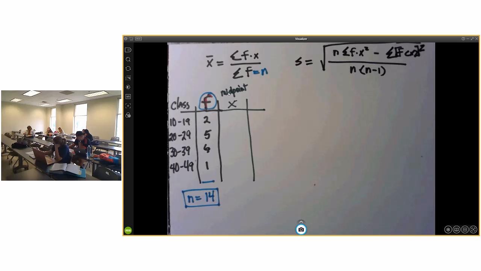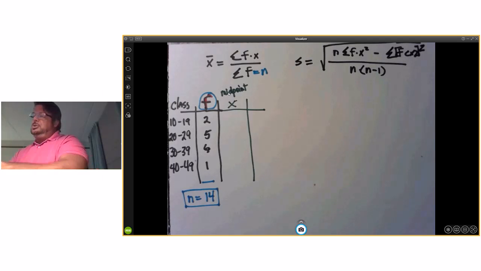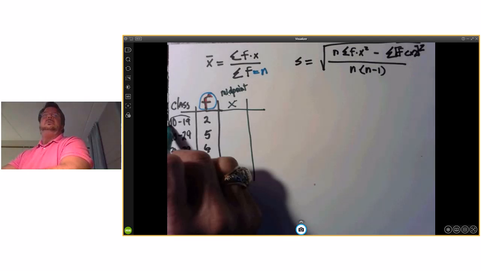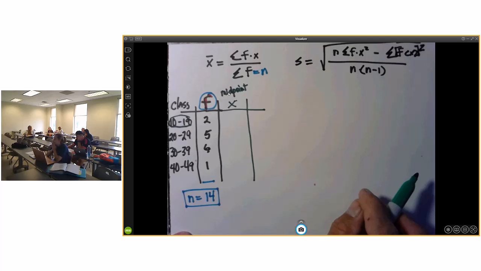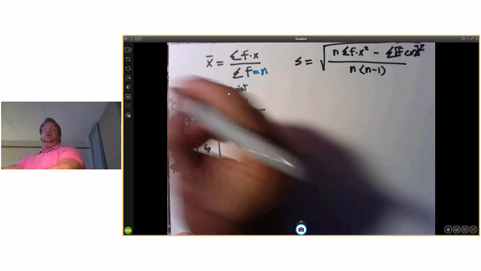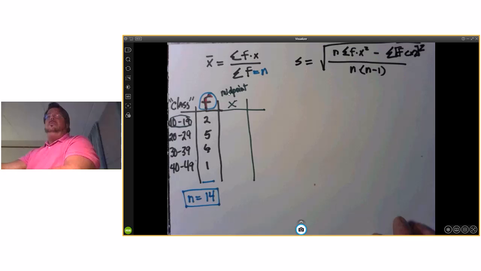Okay, nobody's going to talk to me. Because you can't, somebody tell me how to add 10 to 19. You add them and divide by 2. You can't. It's a class. You can't add a class in a mathematical formula. Okay? So we've got to manipulate it a little bit and make it a number that we can multiply or calculate with, and that number is the what?